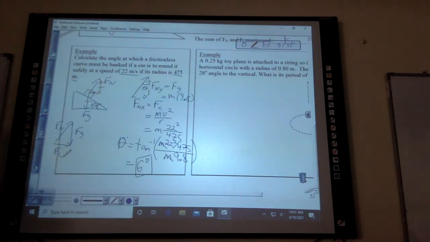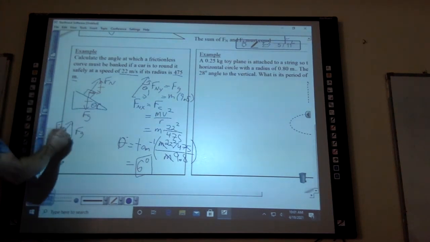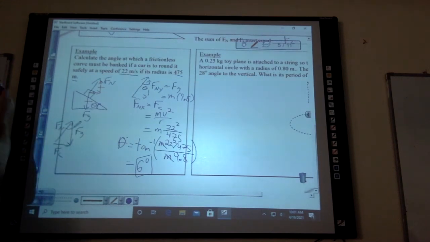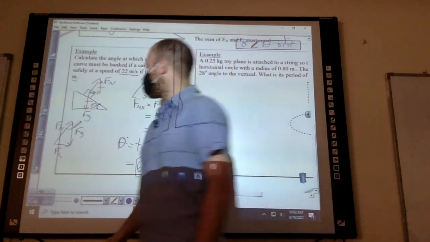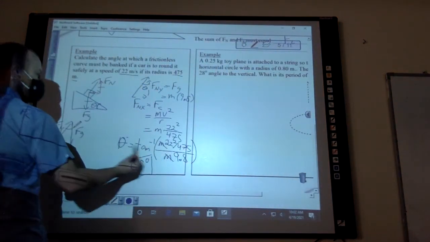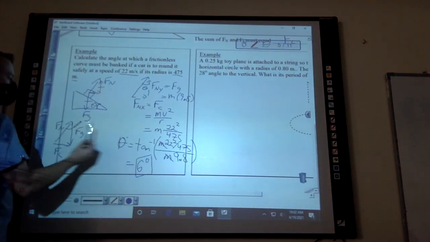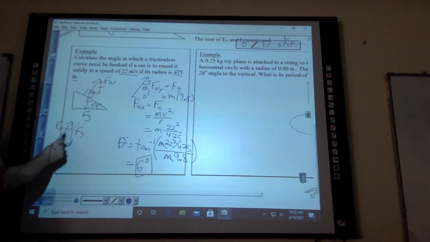So you're going to have a very similar kind of equation for this. Again, we're solving for this upper angle, so you'll notice it's going to be very similar. Actually, the exact same. Why did I think that was going to be easier? Yeah, because from this we can just go straight to this and say theta equals the inverse tan of Fc over Fg.